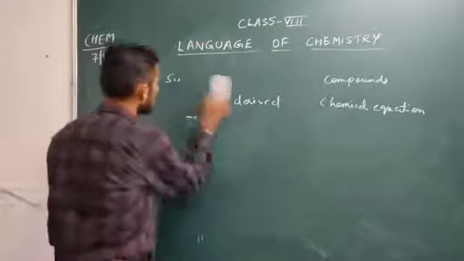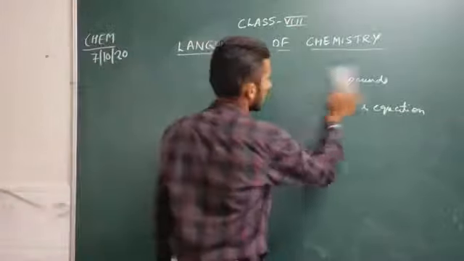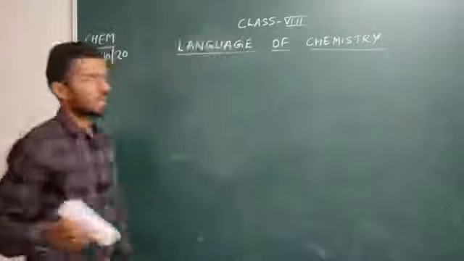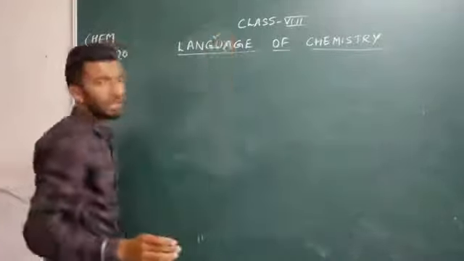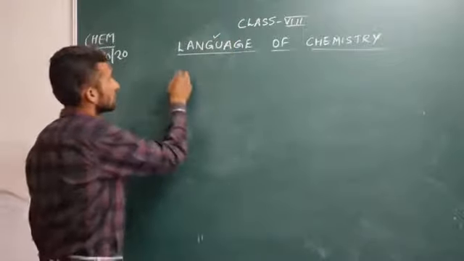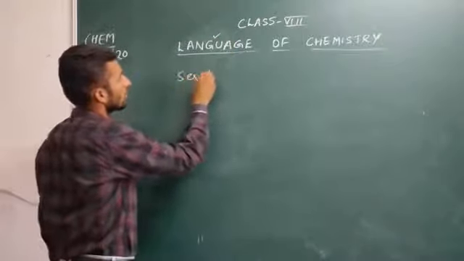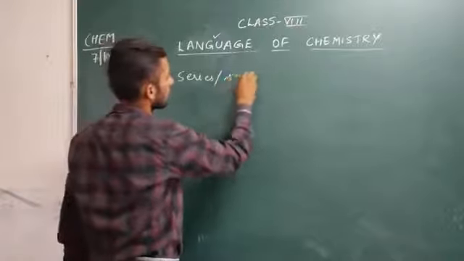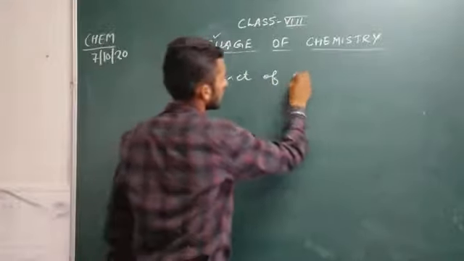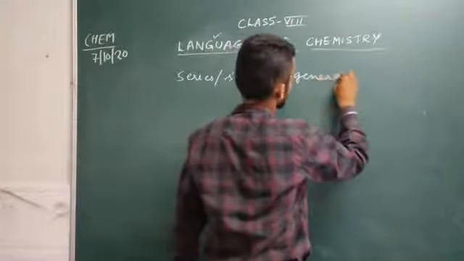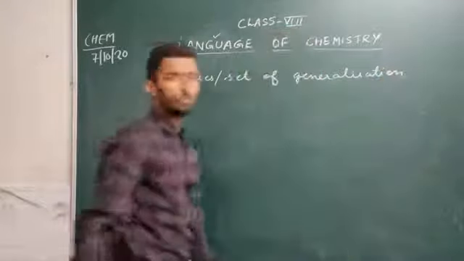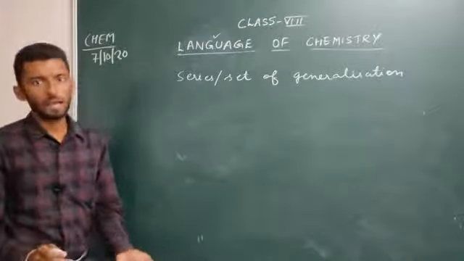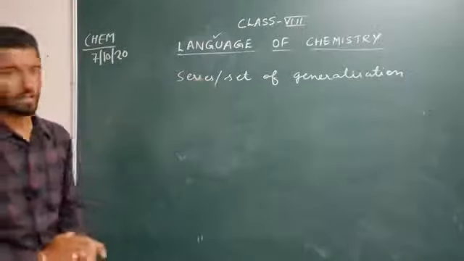So first of all, from the name of the chapter, that is Language of Chemistry, what do you understand by language of chemistry? Language of chemistry is a series, or we can say a set of generalizations which is accepted worldwide and is used throughout as such in the field of chemistry.